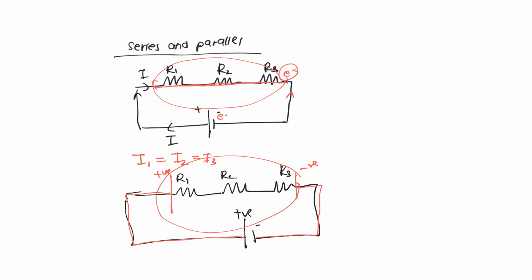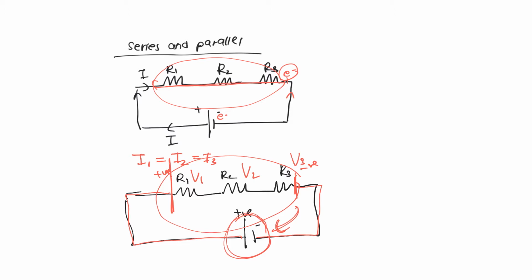The combination of potential differences from R1, R2, R3 is basically the same as the power supply, because it's like one potential difference with a positive and negative. That's the reason why the potential difference V1 plus V2 plus V3 gives you the total potential difference, the same as the power supply. It's like one big battery.